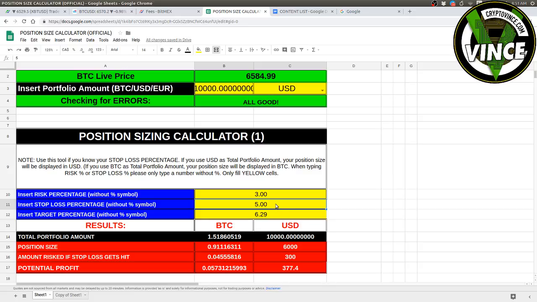So my position size for this trade will be 6K. So 6K is more than half of my portfolio. So you're entering the trade with a massive position size, and all the profit that you make on that position size is a huge profit, because the position size is big. But if you lose, of course, you lose only $300.